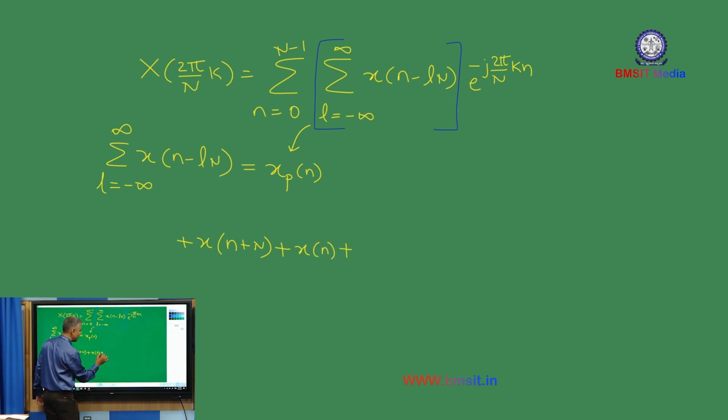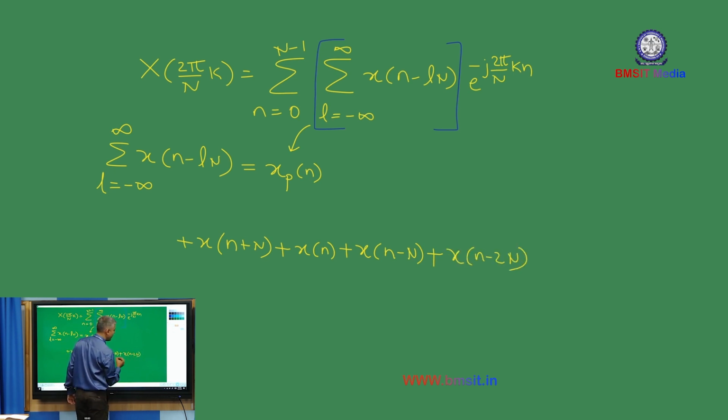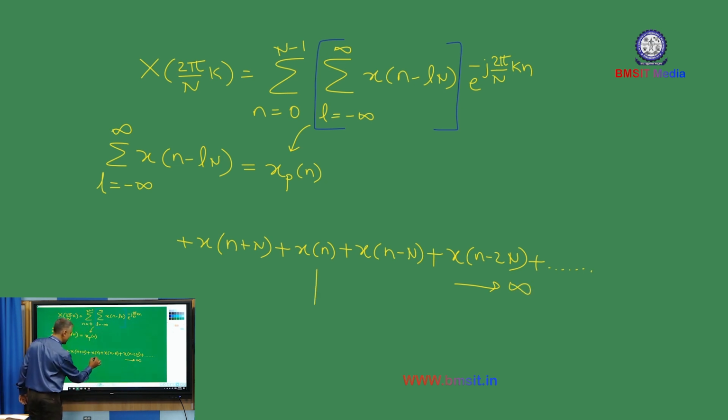Then for l equal to 1, it will be x of n minus n. Then for l equal to 2, it will be x of n minus 2n. Okay, and so on. This goes on and on till plus infinity, and this is at n equal to 0, and this continues on the other side also till minus infinity.